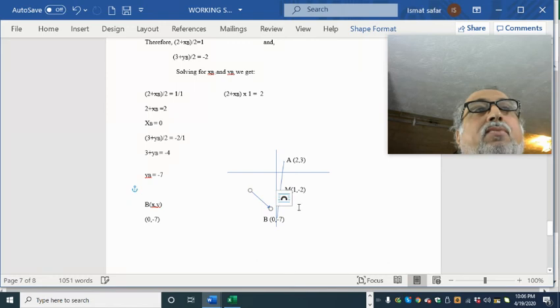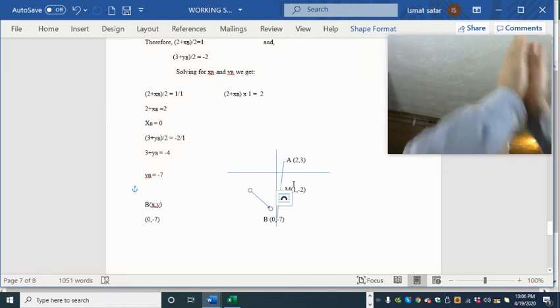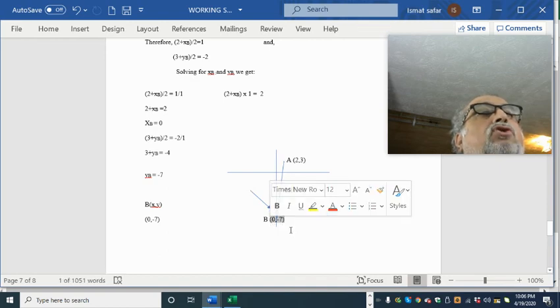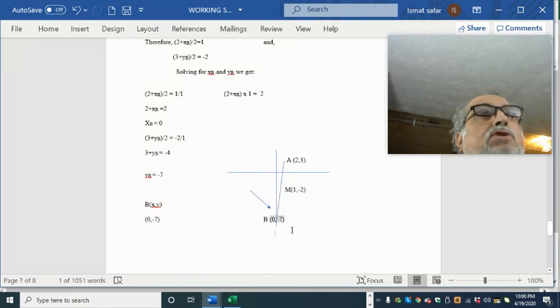What does 0 mean? Wait a minute, it should be here. I'm sorry. Okay, 0, negative 7. Yeah, that's right. So 0 is on the x-axis.